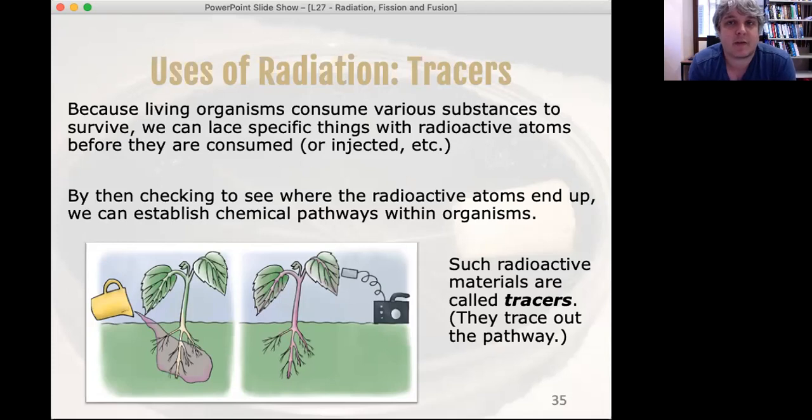But along that line, there's a whole bunch of other things here. Humans will often be given radioactive injections or things to consume for the same purpose. We can follow along and check where that radioactive substance is by using a radiation detector and see where it's gone and follow those pathways.